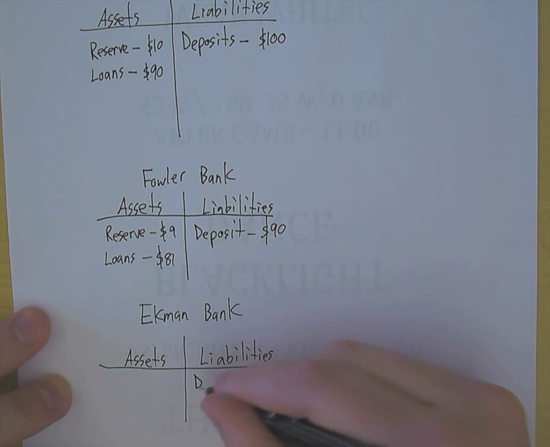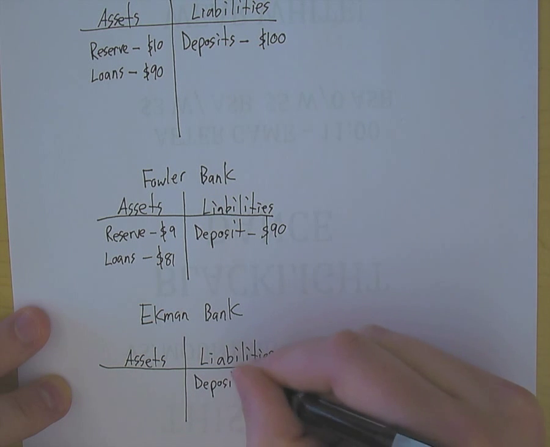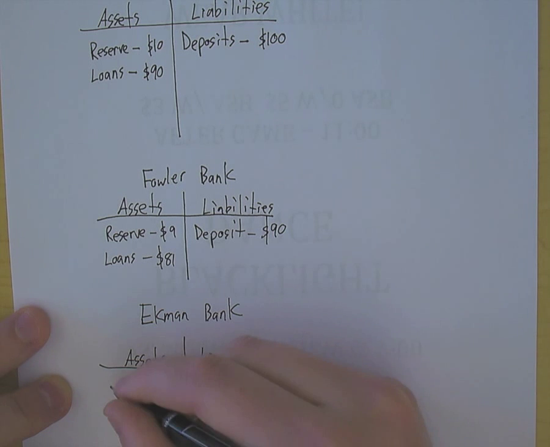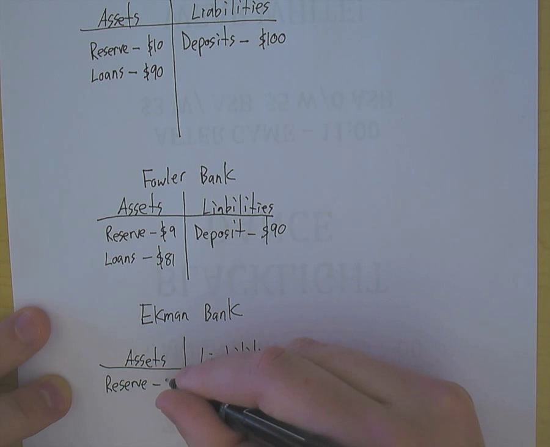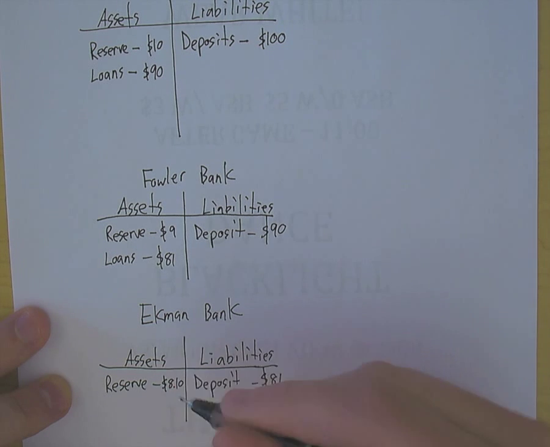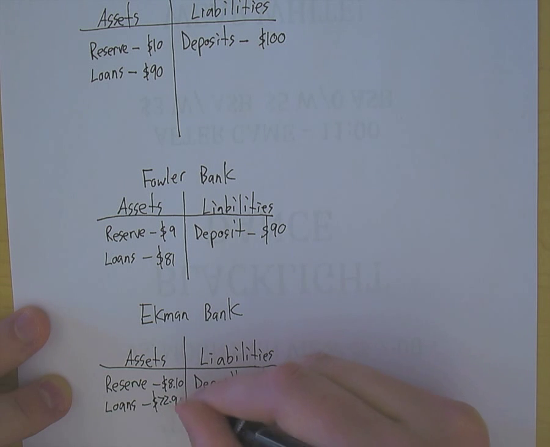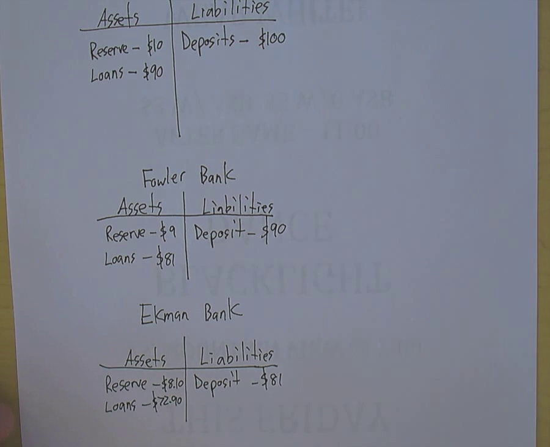And the deposit again in this case was the last loan, $81. So if we keep 10% of that in reserve, this would take us to $8.10. Amount of loans going out is going to be $72.90. And this process will go on again and again and again.